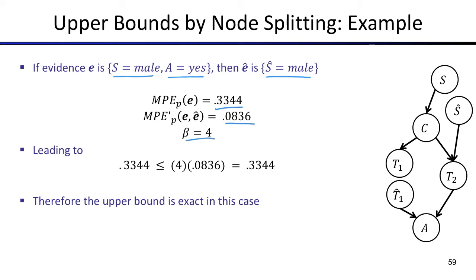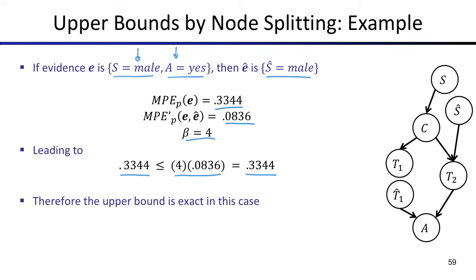This beta came from the fact that we have two variables, each one has two values, so in total we have 2 times 2, 4 possible combinations of the values for these two variables. So we now compare the original value of the MPE and check whether it's smaller or equal to 4 times 0.0836. In fact, 4 times 0.0836 is 0.3344. So in this case, the upper bound is exact.